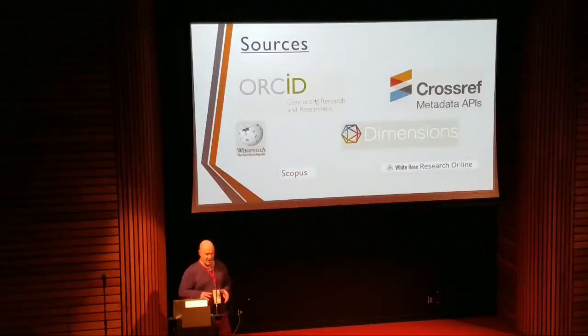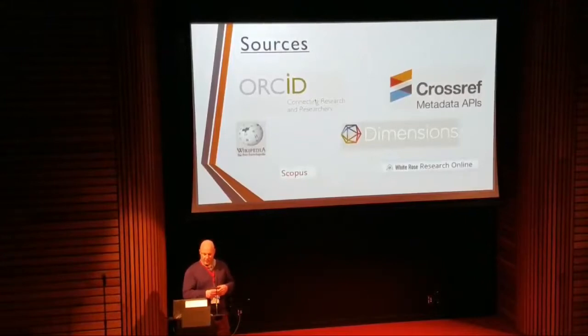The SourceMD package of tools includes Wikidata, so we can put in a Wikidata item where the ORCID ID is linked, and then pull in all the publications that are given in their ORCID profile. That's been a very, very quick and easy way to get a lot of data into Wikidata from ORCID.